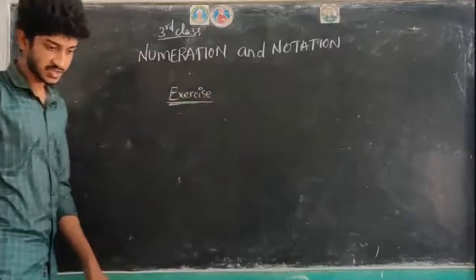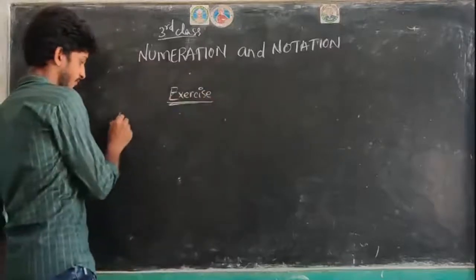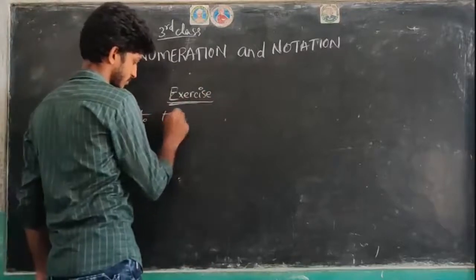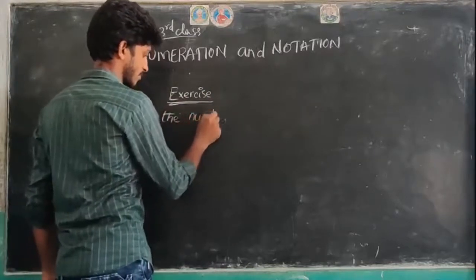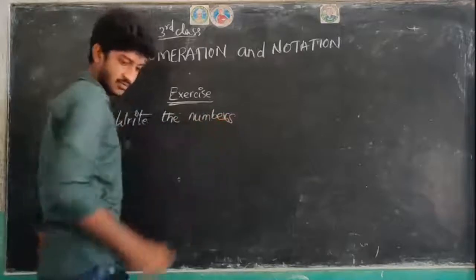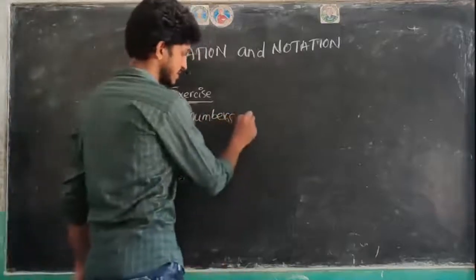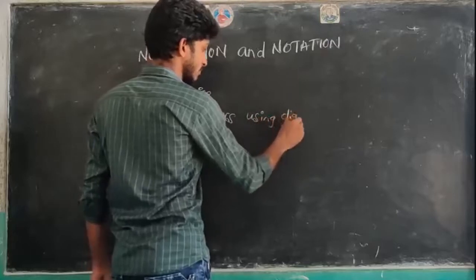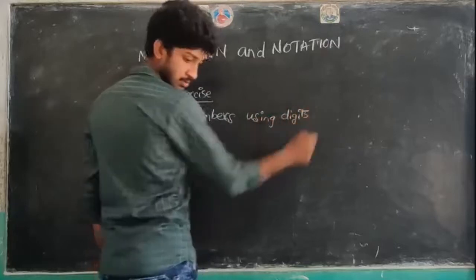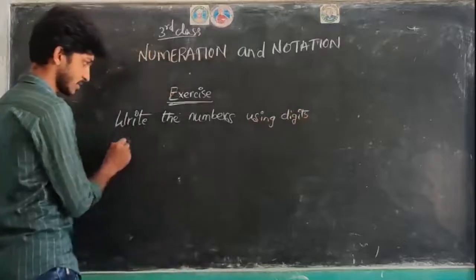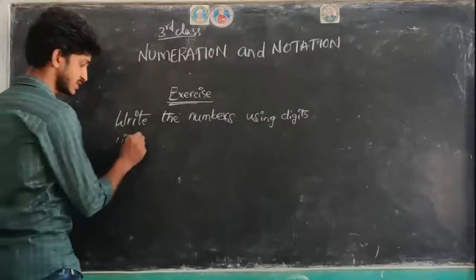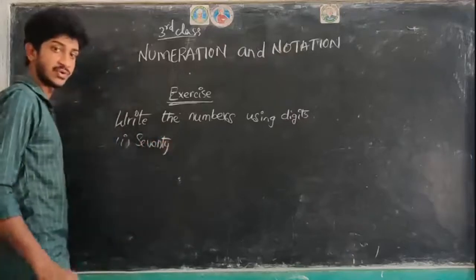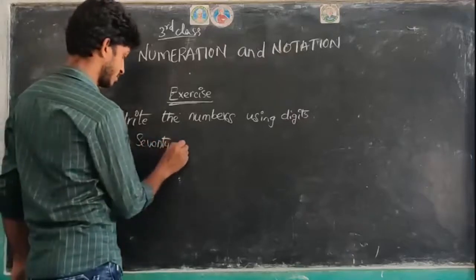Okay, next exercise, first problem is write the numbers using digits. Write the numbers using digits means we have to convert word form into numerical form. 72.